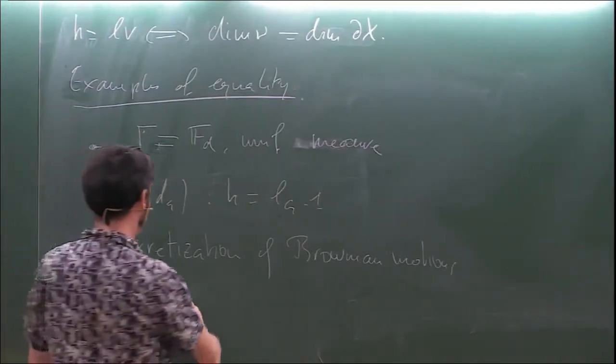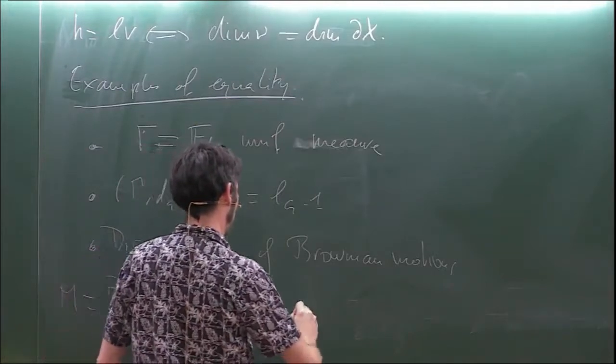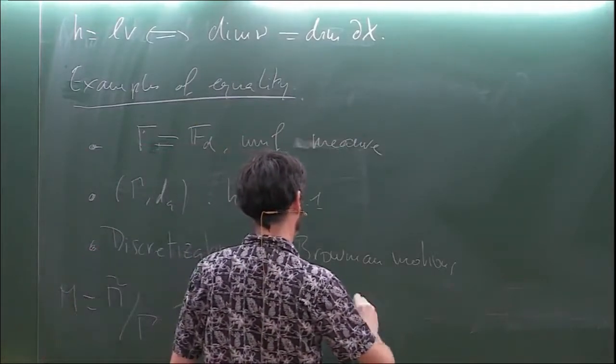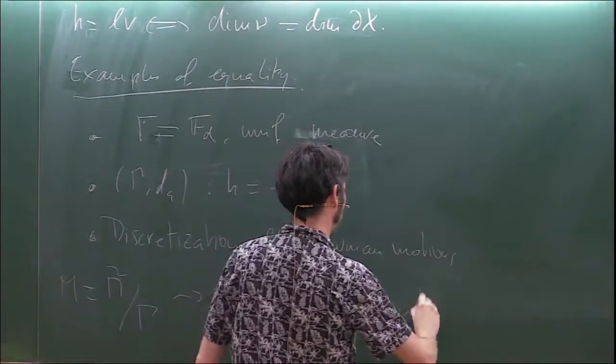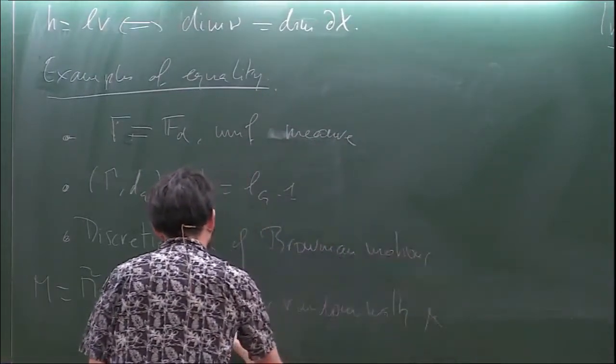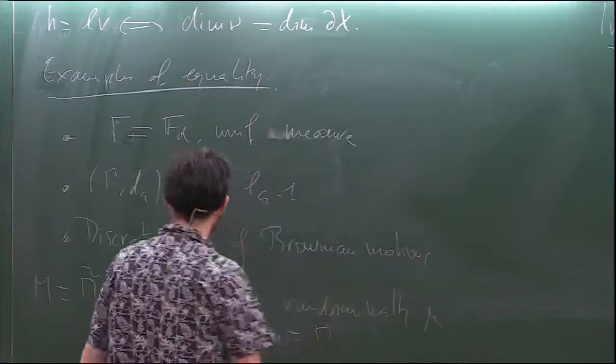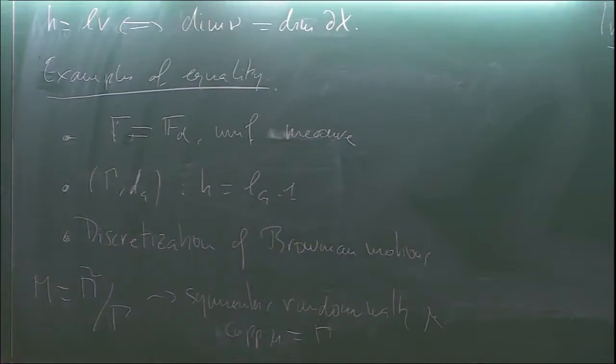So in this case, you obtain a symmetric random walk mu. The support of mu is the whole group, but it reflects the properties of the Brownian motion.